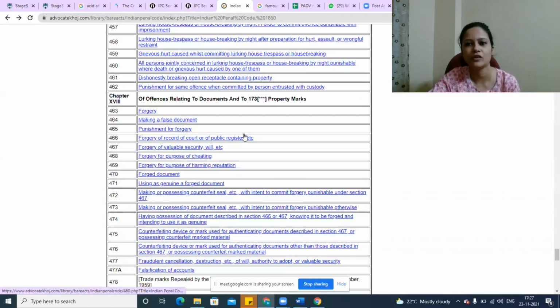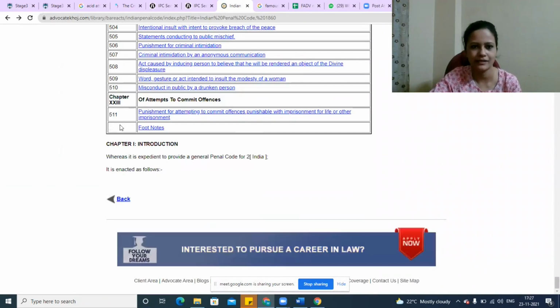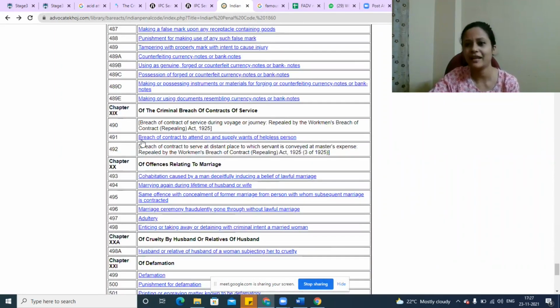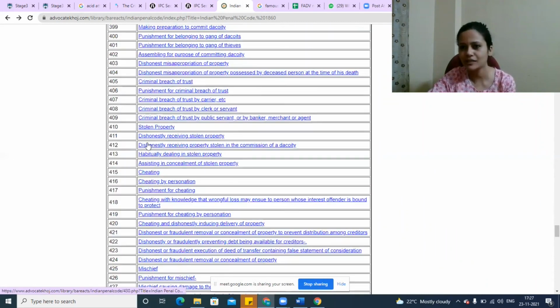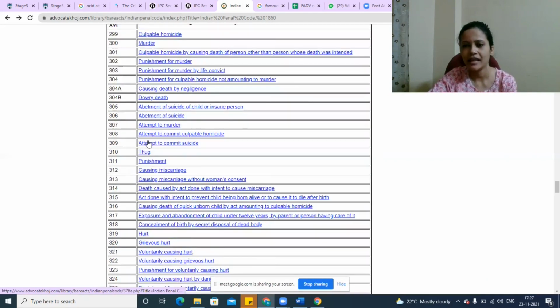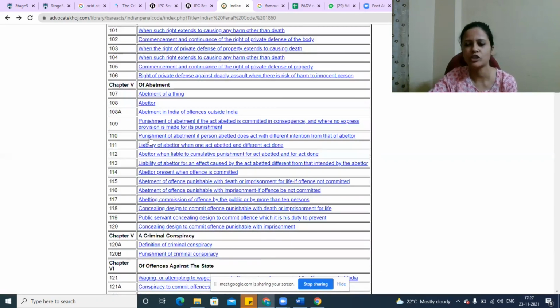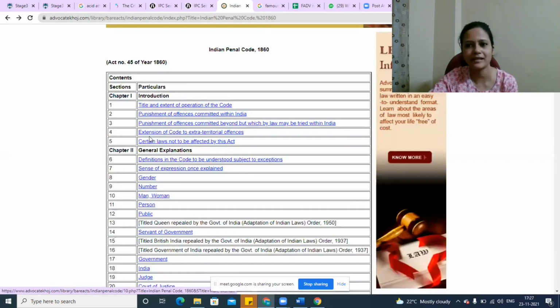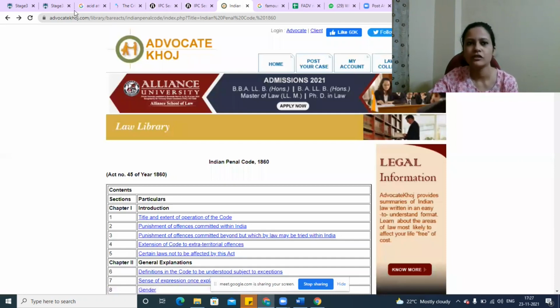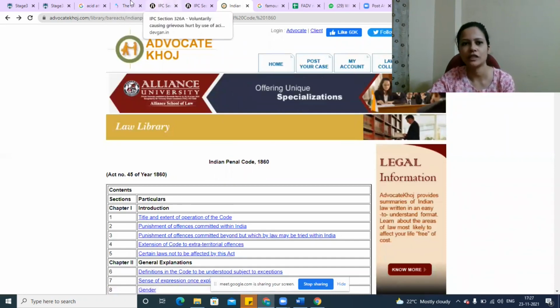It has 511 sections altogether, defining different types of crimes that may be committed in India. And acid attack is such a serious crime, which is committed very often. So we should have a provision relating to that.